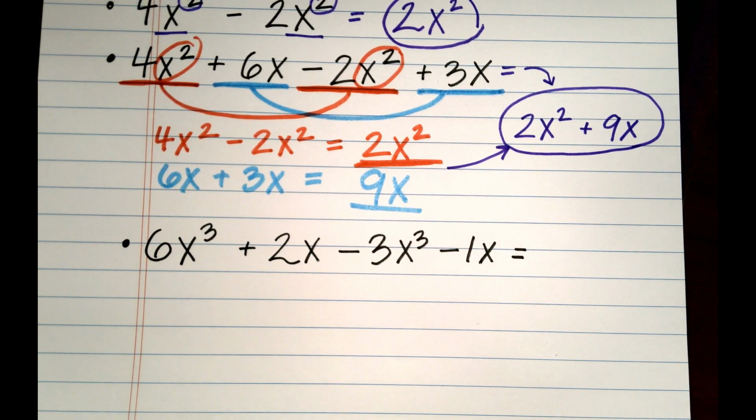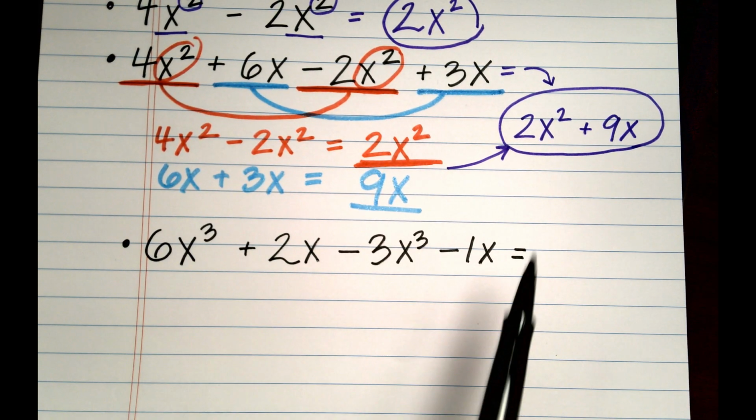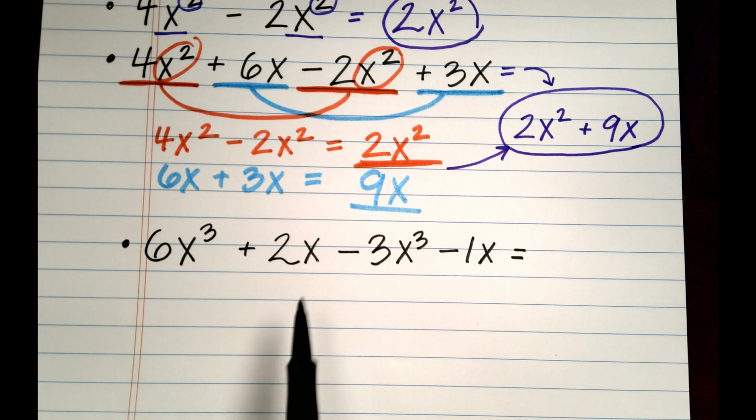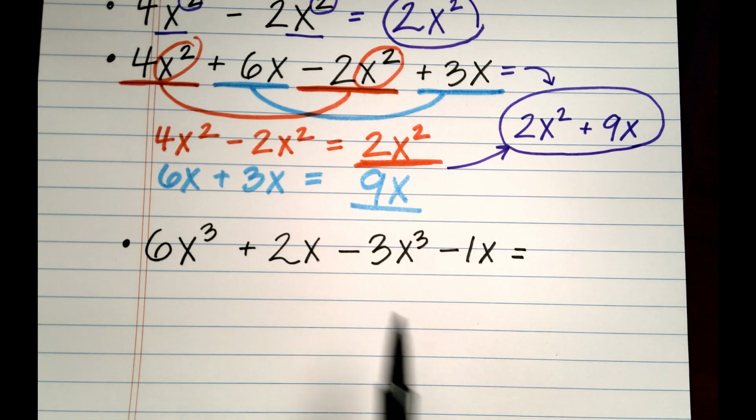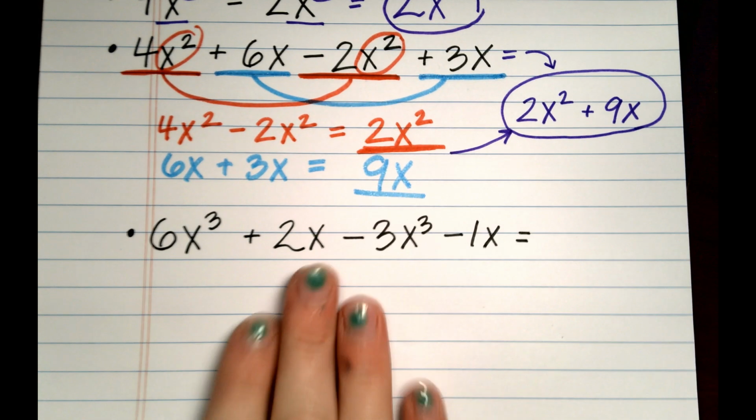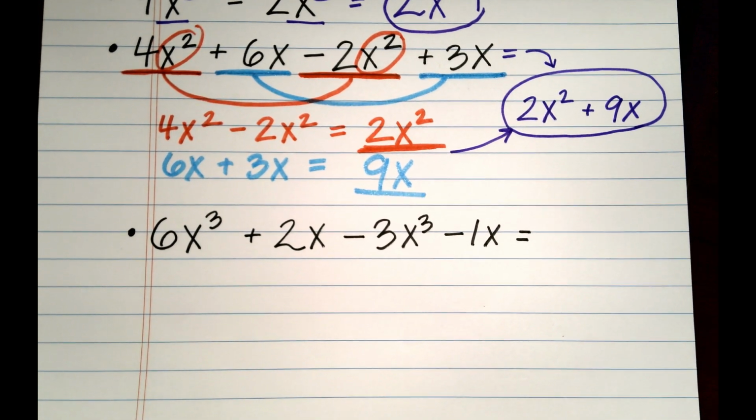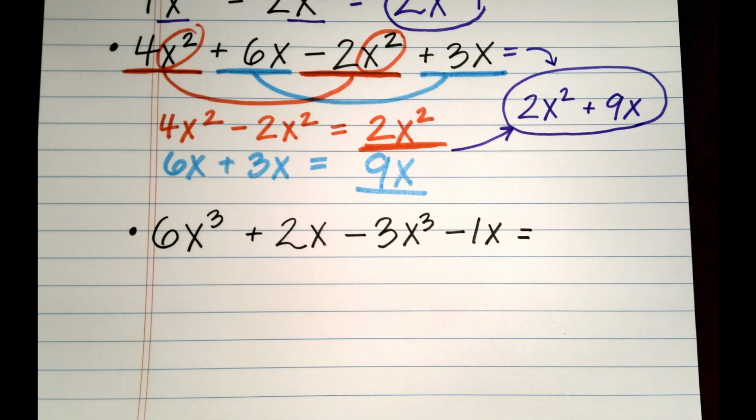I want you to simplify this by combining like terms. I'll pause our recording, give you a minute or so to do that, and then we'll look at the answer together.